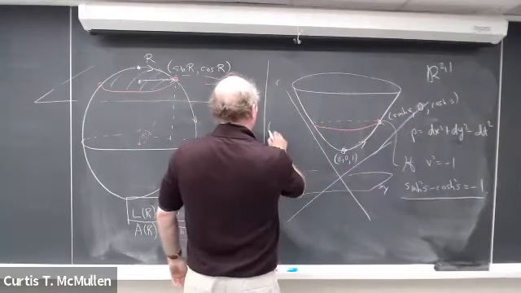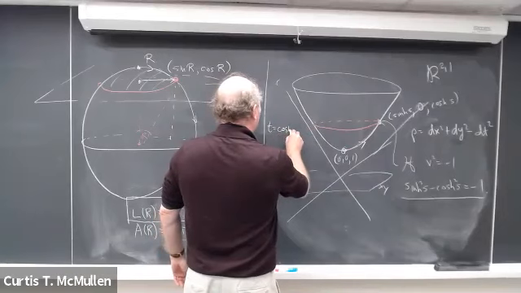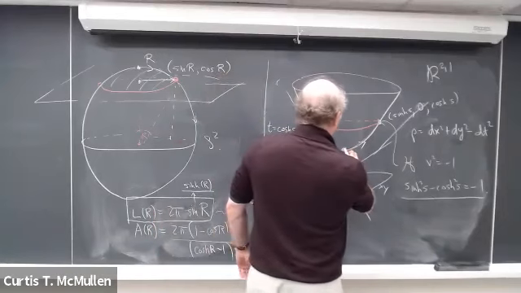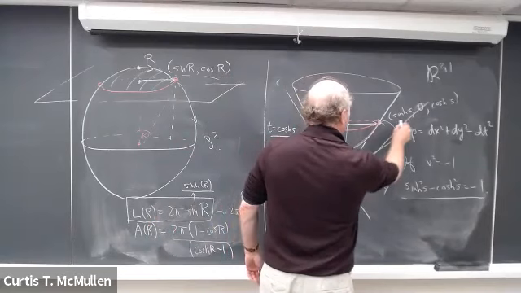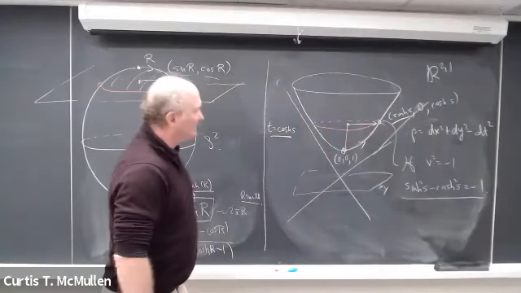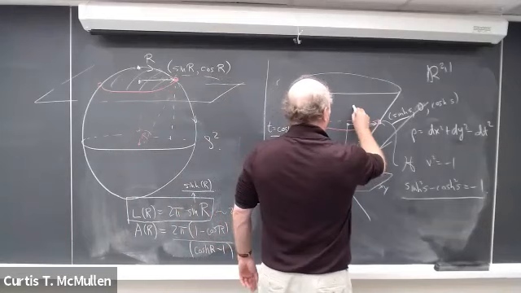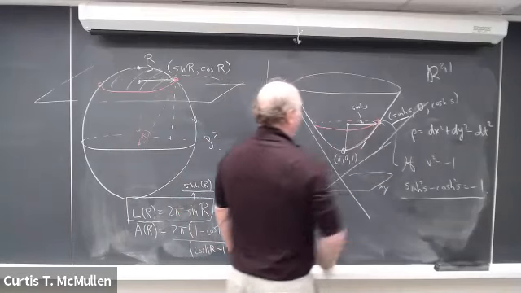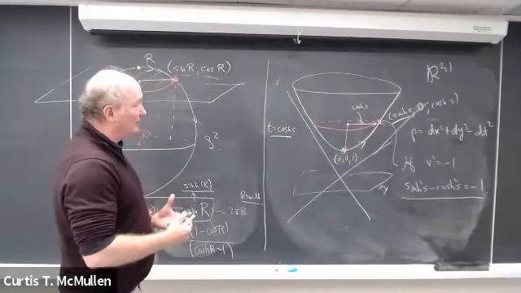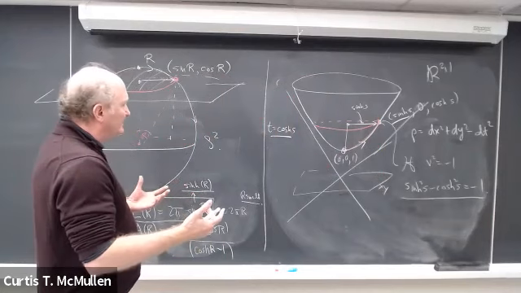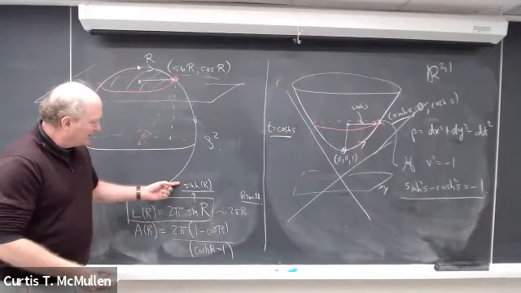So this is just the circle at height t equals cosh s. And what's its radius? That's the value of x here. It's sinh s. So we're reduced to calculating the length of a Euclidean circle of radius sinh s, which gives us 2 pi sinh r.